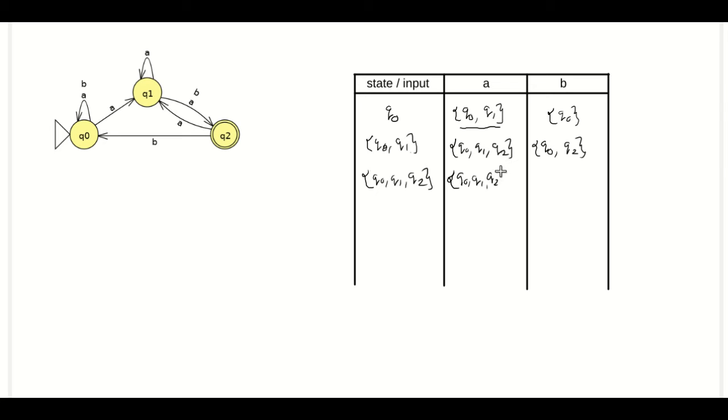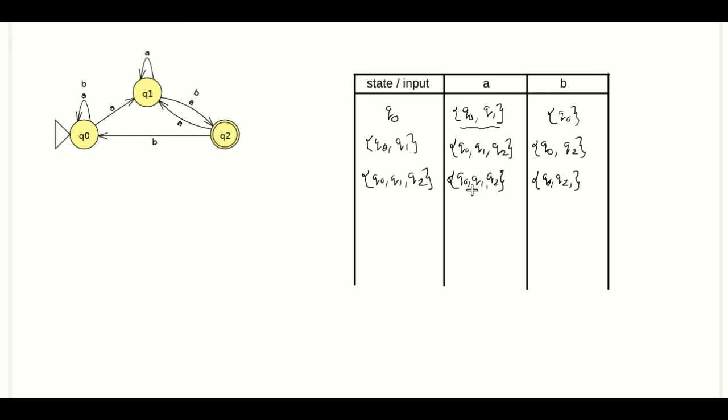Now Q0 Q1 on B is going to Q0 Q2, and the remaining state is Q2. Q2 on B is going back to state Q0. Q0 is already written here, so it is not a new state.